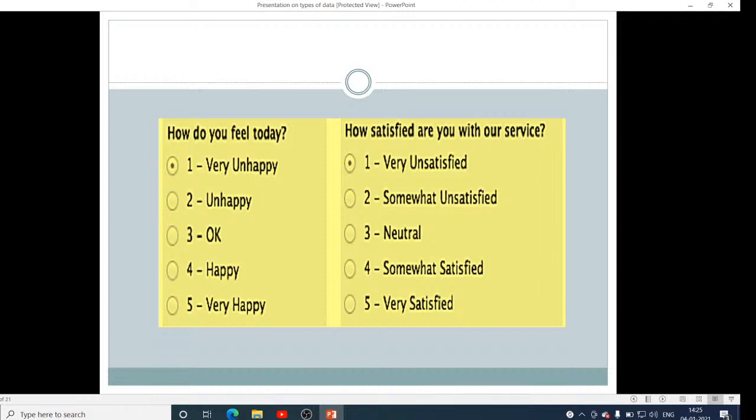The 5-star one is first, then second, then third, or we can give A, B, C also. So this type of data is called ordinal data. Happiness and satisfaction are measured by an ordinal scale.